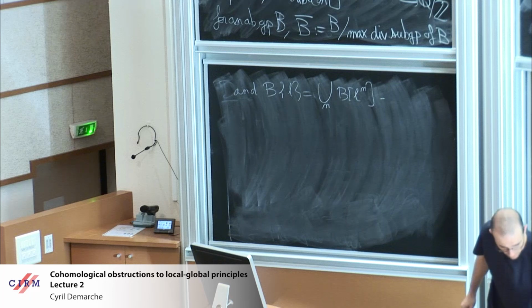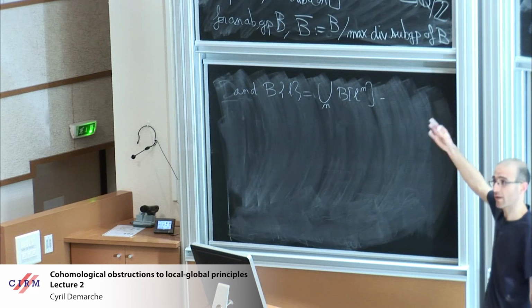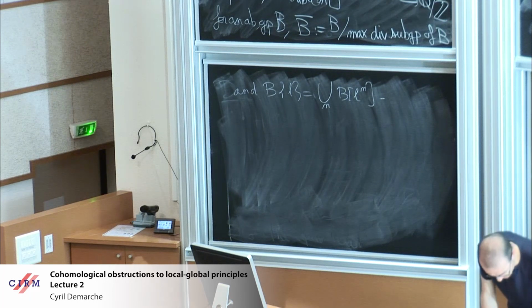So now we have Artin-Verdier duality for tori and abelian varieties, abelian schemes.